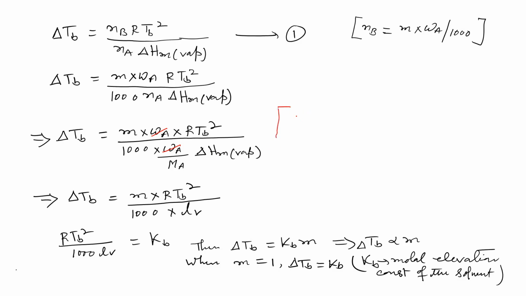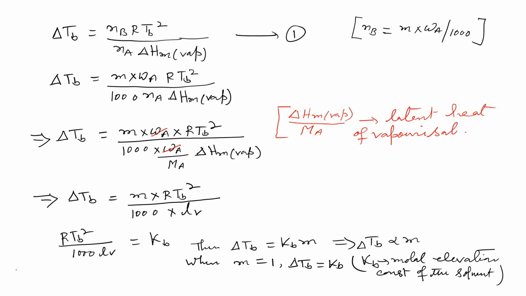So this delta Hm vaporization divided by Ma is the latent heat of vaporization per gram of the solvent, and that we are taking as small lv.